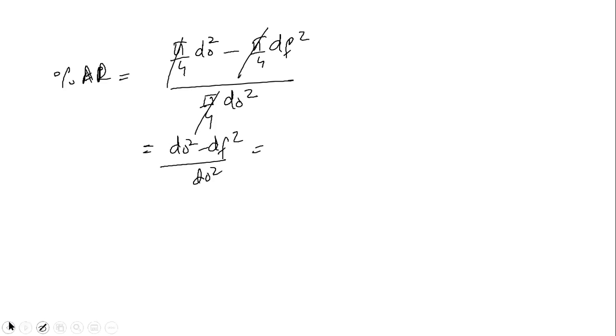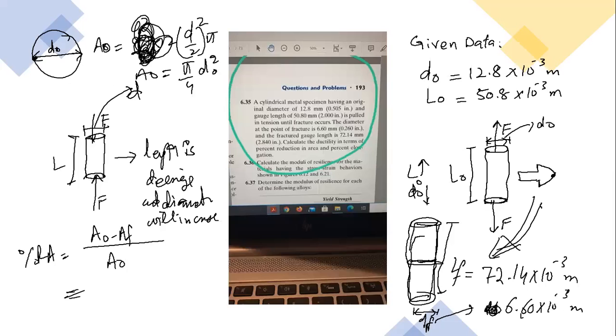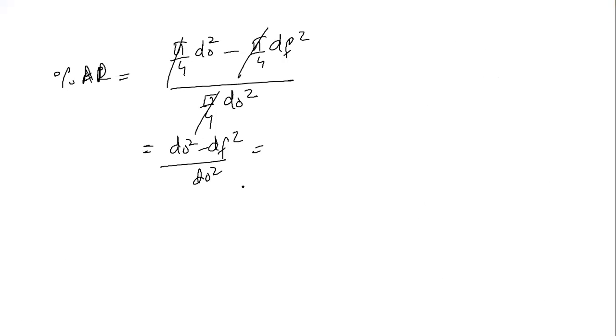So what is d naught? D naught, the initial, is 12.8. And what is df? df is 6.60. So 12.8 minus 6.60 divided by 12.8, with the power also included.